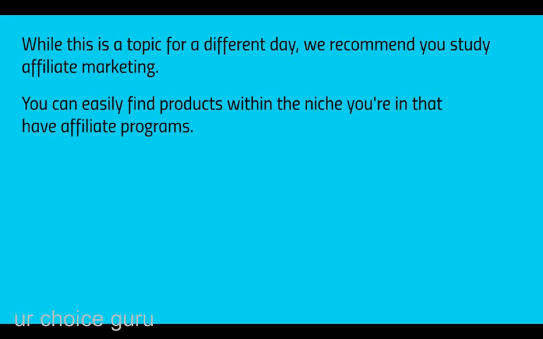And if you start making some sales, a lot of times you'll become high priority on that vendor's radar. They see you making sales for them. If you contact them, more likely they're going to listen.